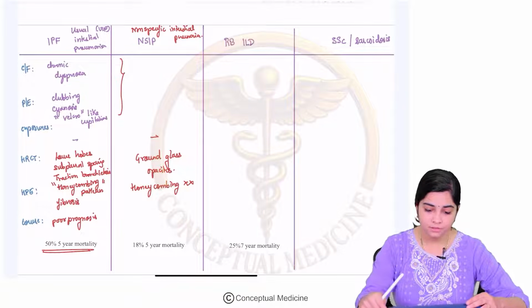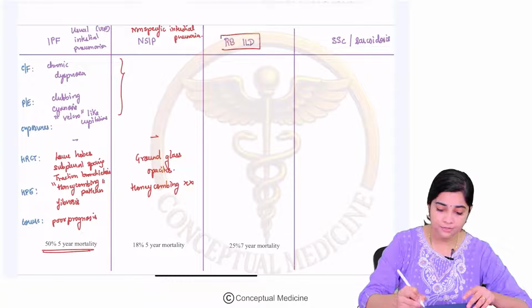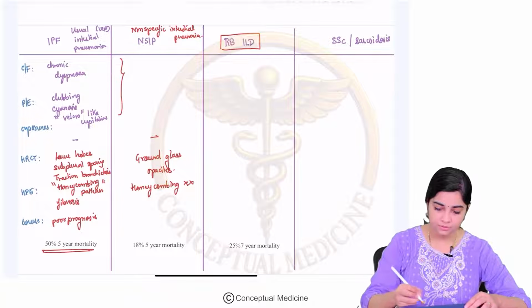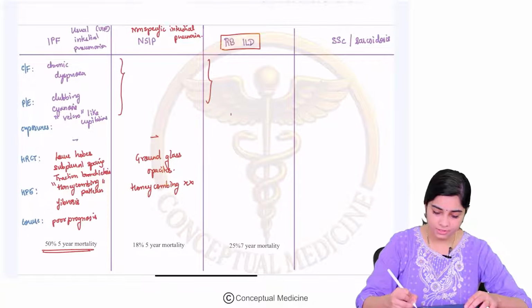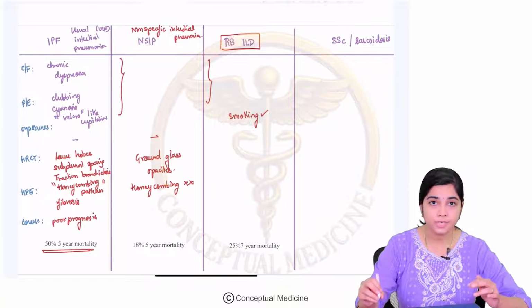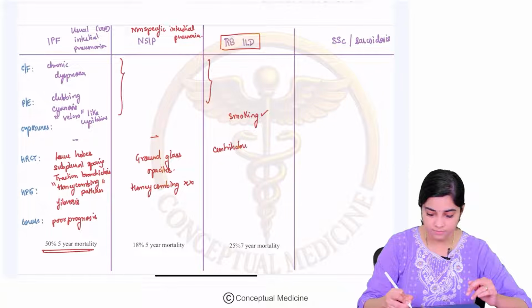Alright, fine. Now, the third pattern that you have to know is RB-ILD, which is respiratory bronchiolitis associated ILD. Okay, so what is the exposure here? Remember, this is a smoking related ILD, and on HRCT you find centrilobular nodules.